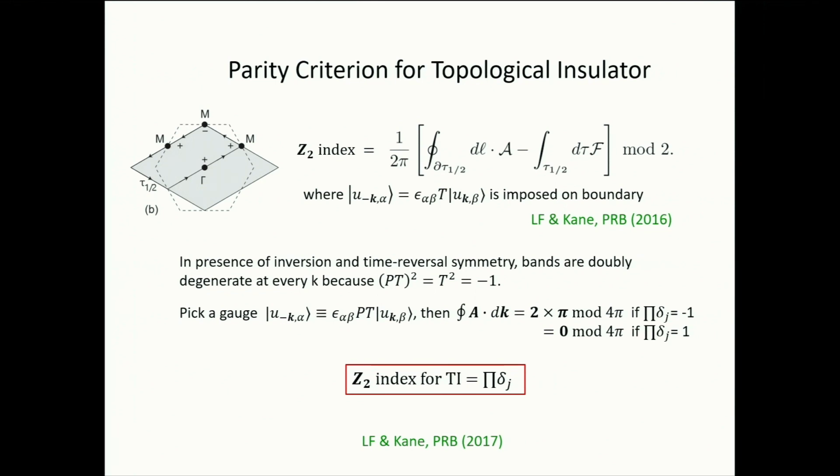Okay, and so the Z2 index becomes 1 if the product of the parity eigenvalues is -1. On the other hand, if the product of parity eigenvalues is +1, then the line integral of Berry connection is 0. So once again, what we see is that the Z2 index just becomes the product of parity eigenvalues at high symmetry points.